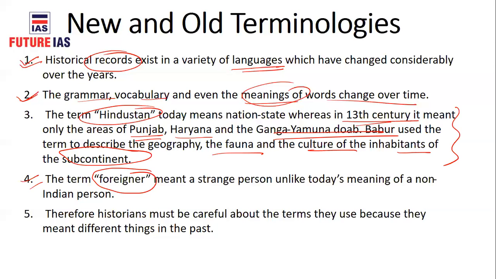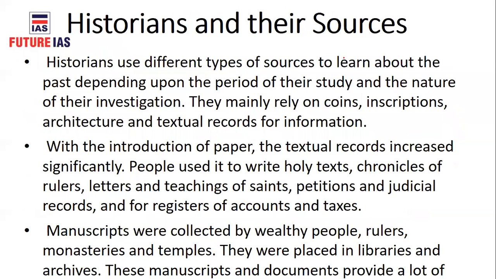Therefore historians must be careful about the terms they use, because they meant different things in the past. So the words describing things in the history book have certainly a different set of meanings. All right, let's understand the historians who were depicting those processes, as well as their sources.